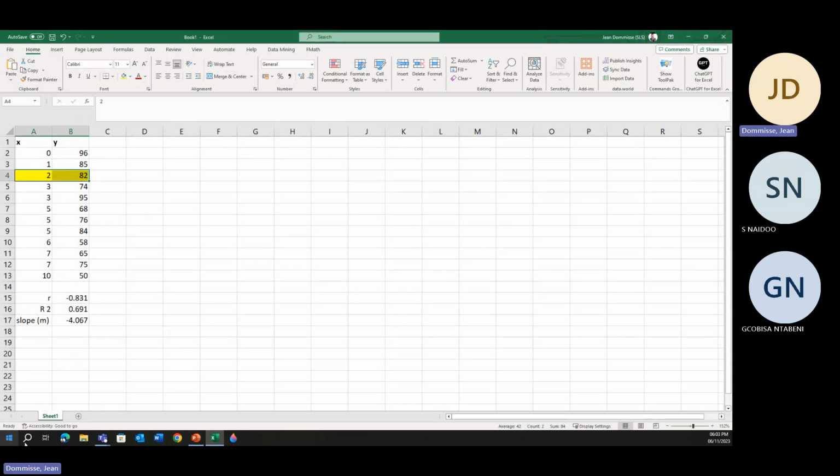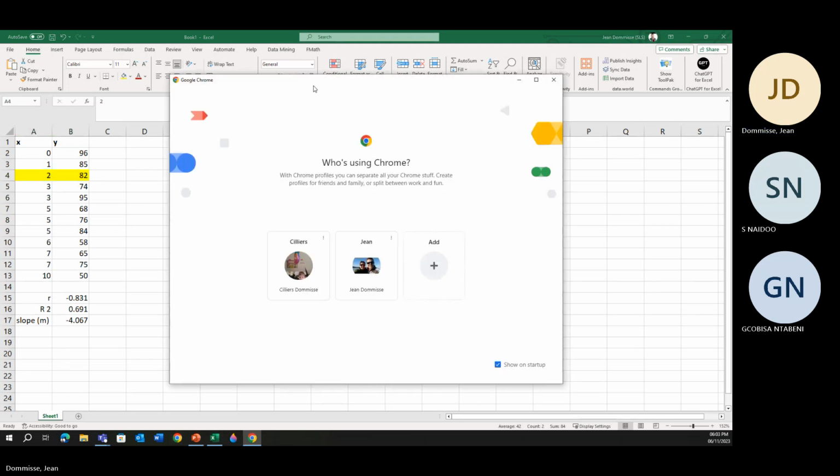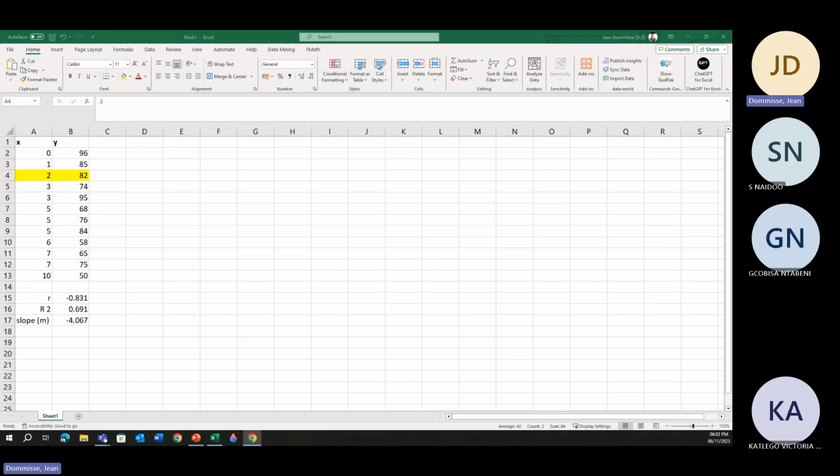Okay, so let's quickly Google, because there is always an answer on Google. I don't use Excel that frequently for working out your y-intercept.